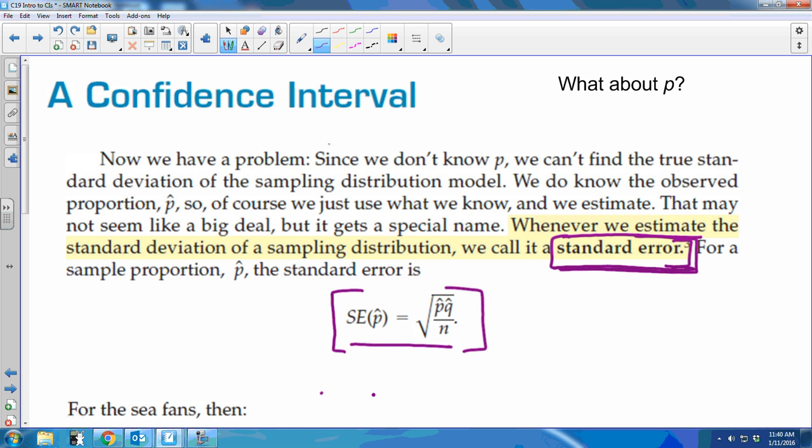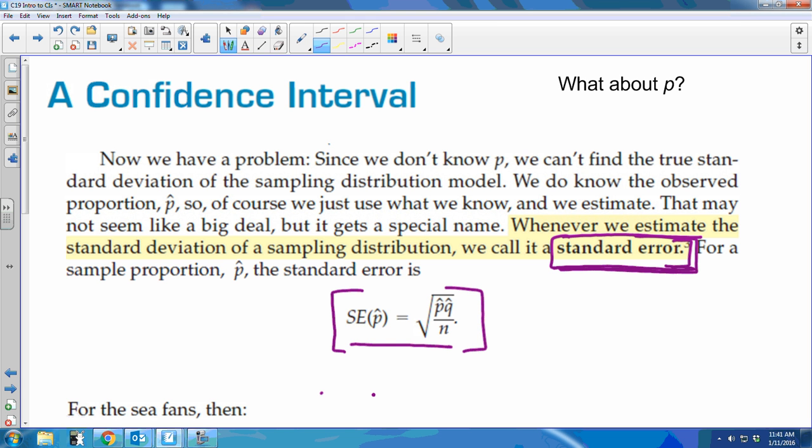So this formula, not on the AP formula sheet, as written right here. But the standard deviation for our sample proportion is still on there. It's the square root of P, Q over N. So you just need to know, oh yeah, when I'm doing confidence intervals, I estimate instead. Everyone clear so far?